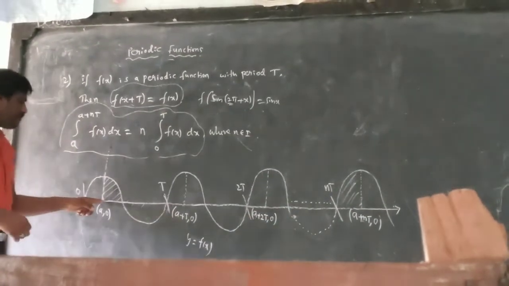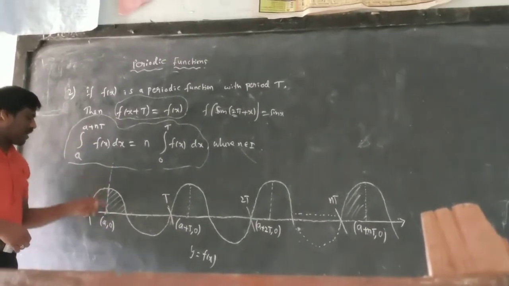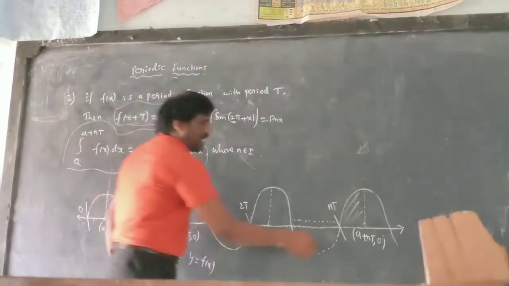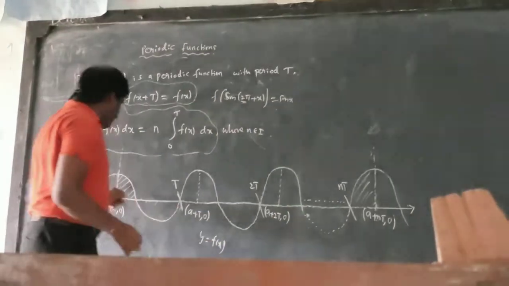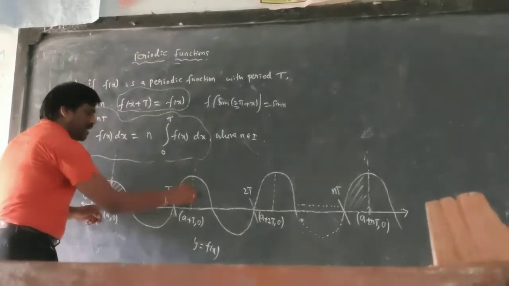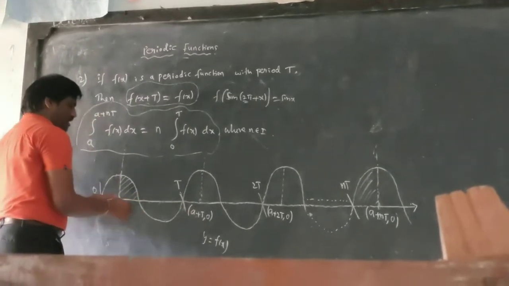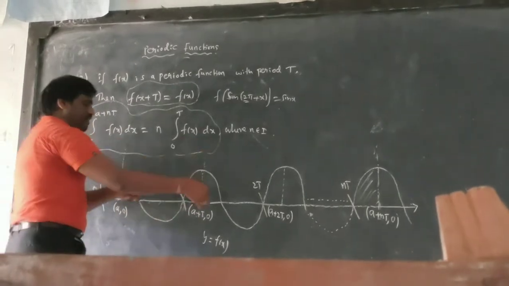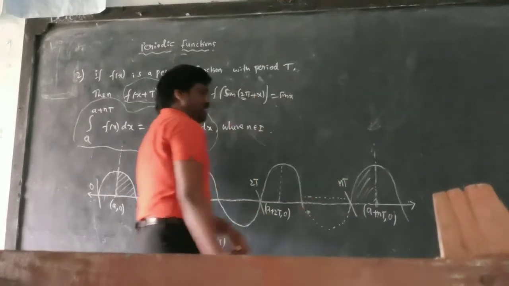Suppose I am taking from the point A to A + nT. If I start from point A, the period ends here, so A + T. This graph repeats after A + 2T, A + 3T, like A + nT.